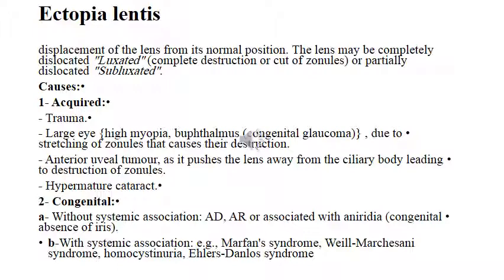When there is systemic association, we have an idea about Marfan syndrome, Weill-Marchesani syndrome, Ehlers-Danlos syndrome, even homocystinuria. These are systemic disorders associated with ectopia lentis. They are very common in society. Marfan syndrome and homocystinuria are very common.